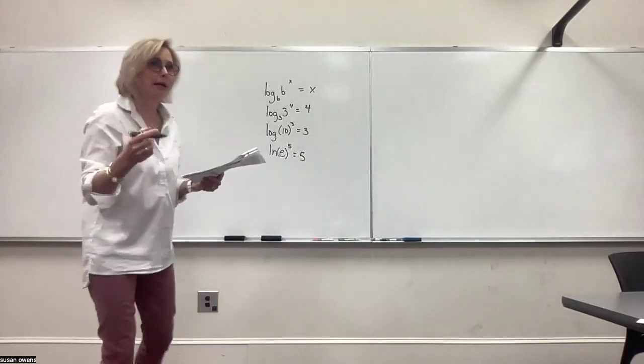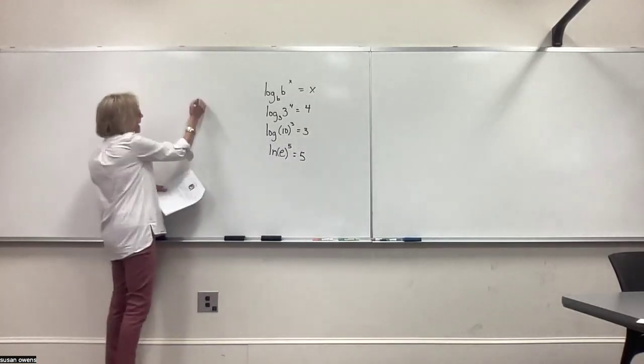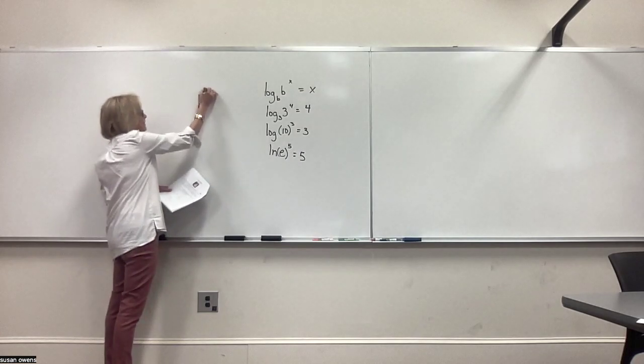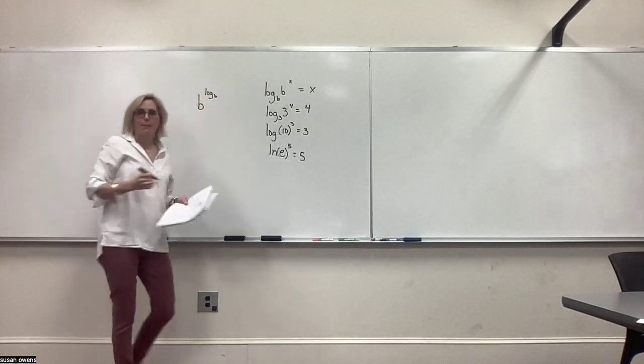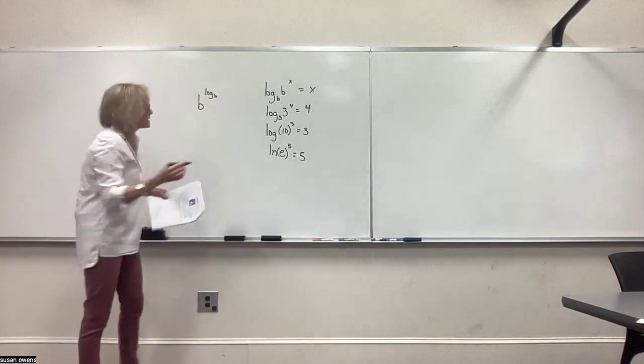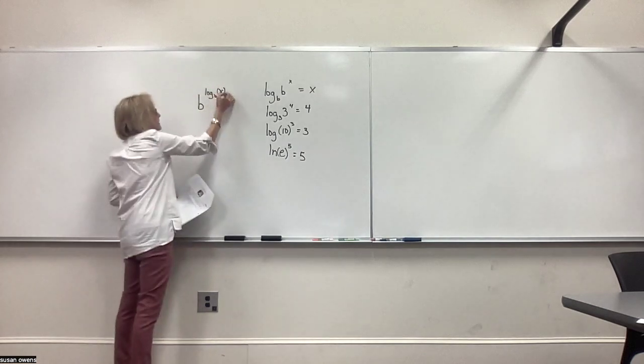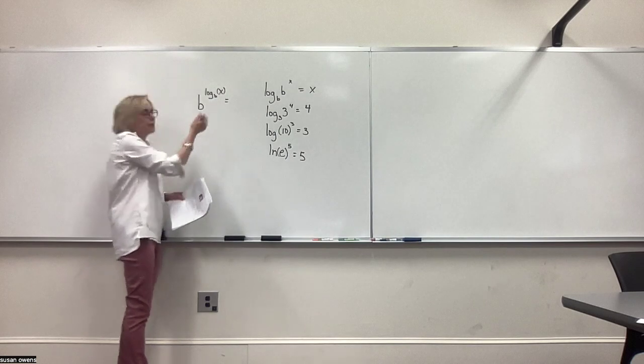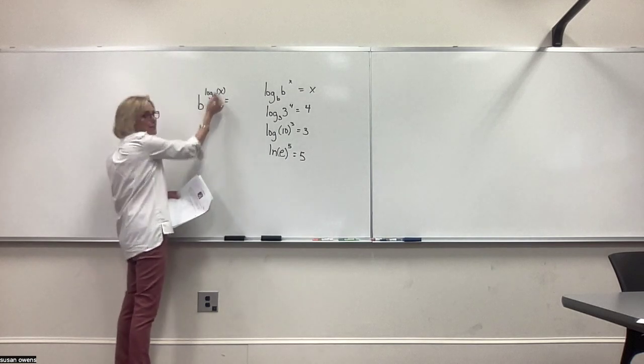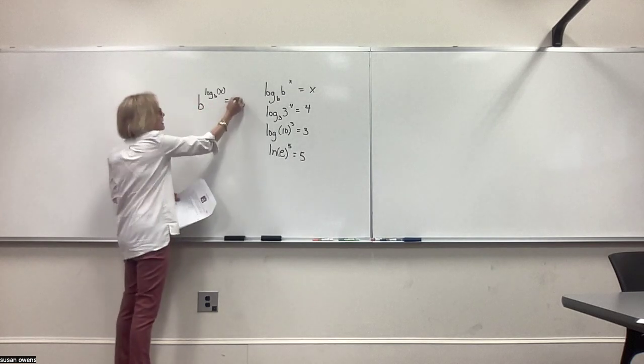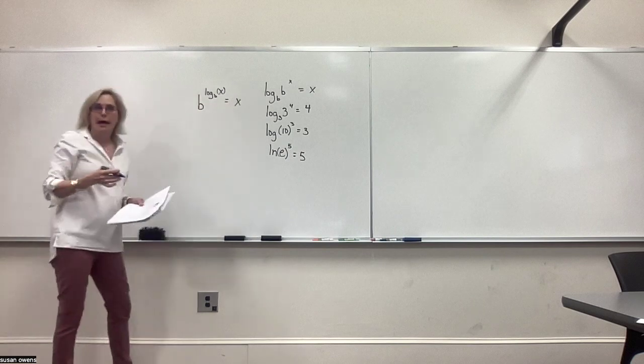Still, for any base, if I have a base to an exponent of a log of that base, the answer is going to be the argument of the log. Here, the log base b and the base of b cancel out. That's 1. So the answer is x.